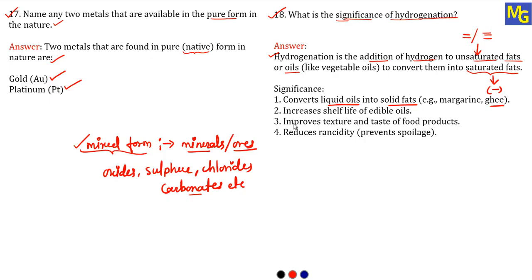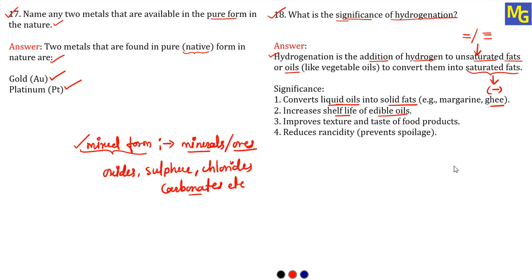The second significance is we can use it to increase the shelf life of edible oils. Shelf life means the time in which the oil can remain safe in pure form. It will not get decomposed, it will not get destroyed. That is called shelf life. You may have seen for every product on the backside there will be a shelf life written.